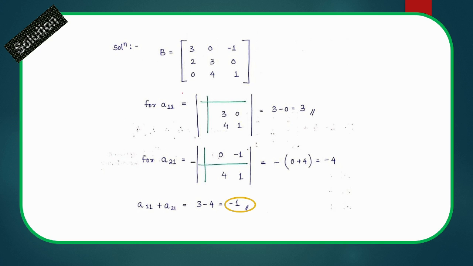Now coming to the solution of the question, where B is given as 3, 0, minus 1, 2, 3, 0, 0, 4, 1.